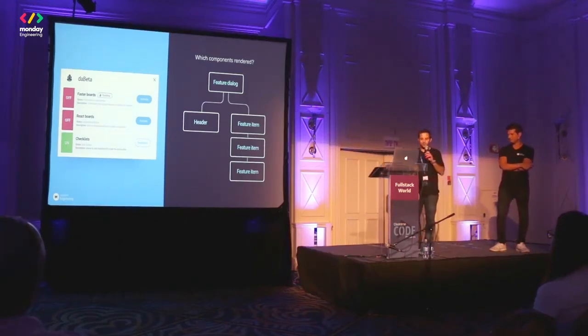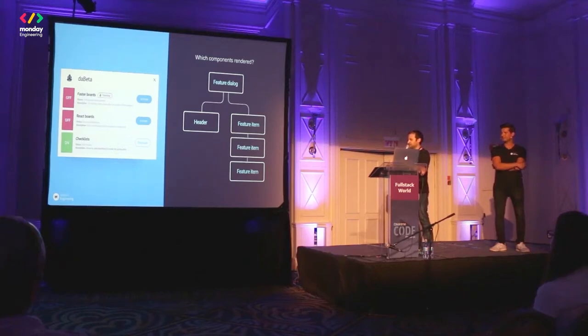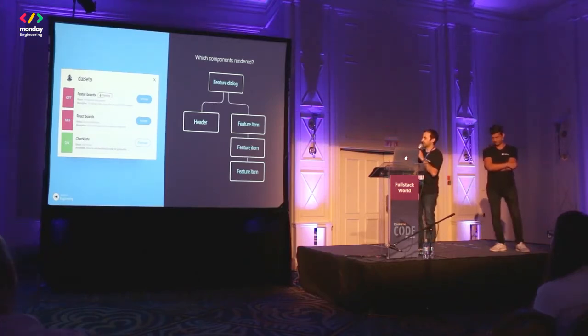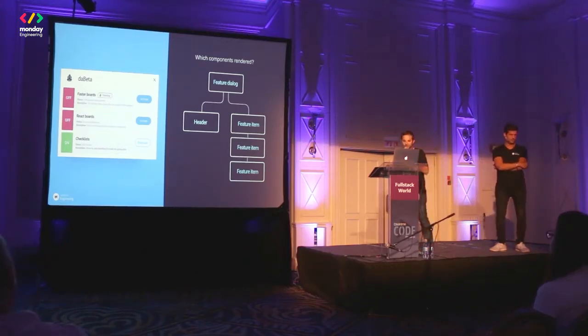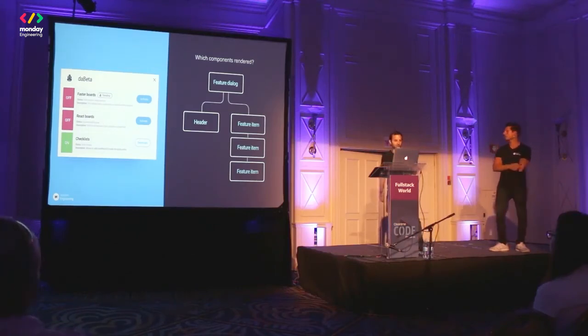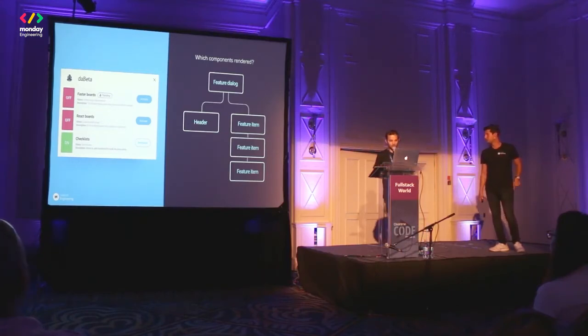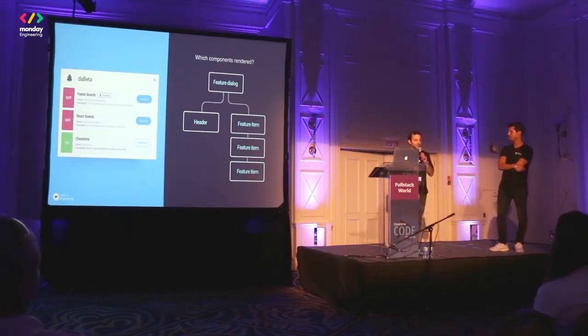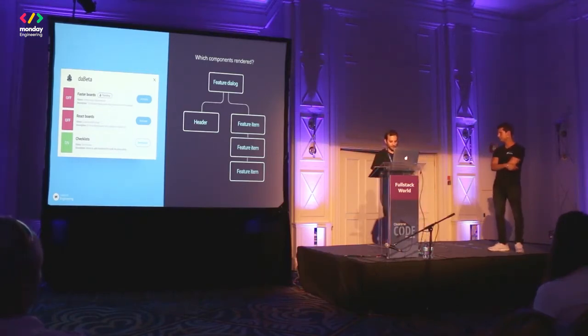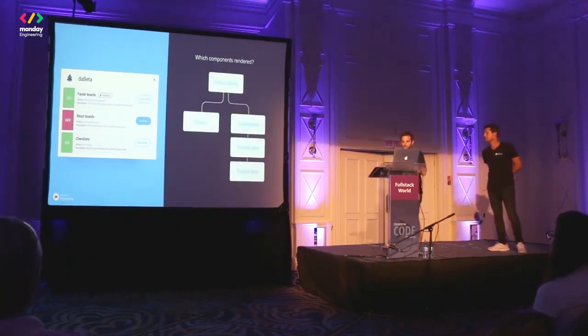But putting that aside, you can see the diagram of the components here. Now imagine that I'm clicking on the activate button in the faster board feature. In our diagram, all the things that are getting re-rendered will be colored white. So I'm clicking on the activate button, and as you can see, all the components have been re-rendered.